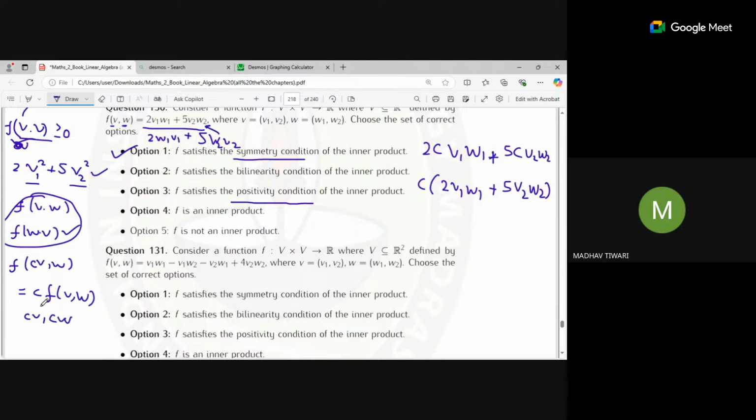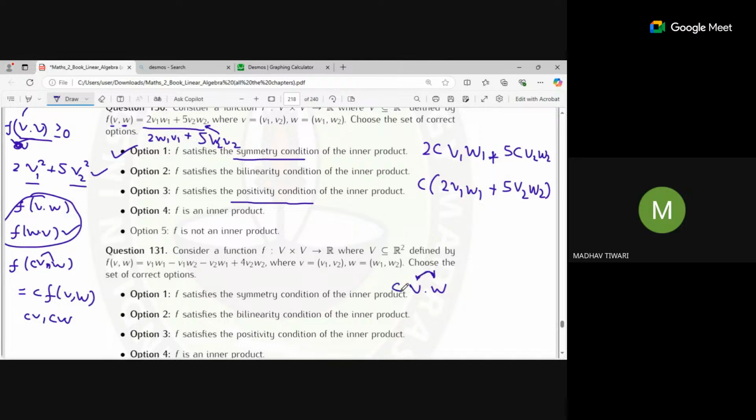What I am saying is that we can multiply any one vector, scalar multiplication we are doing. It is not a group. This is a function, here it is written as V dot W. We are doing the inner product between these two vectors.